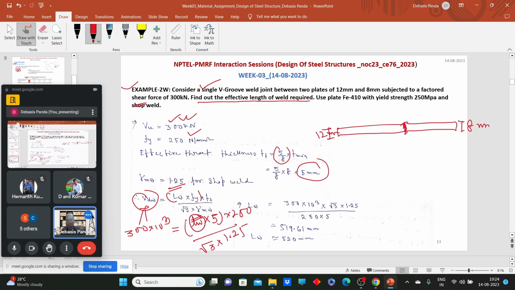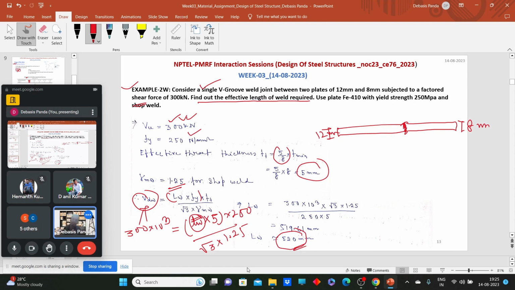Now from this equation you can calculate Lw, the effective length. So an effective length of 520 mm comes out. To transfer this 300 kilonewton of shear force through this single V groove weld, we need an effective length of 520 mm.